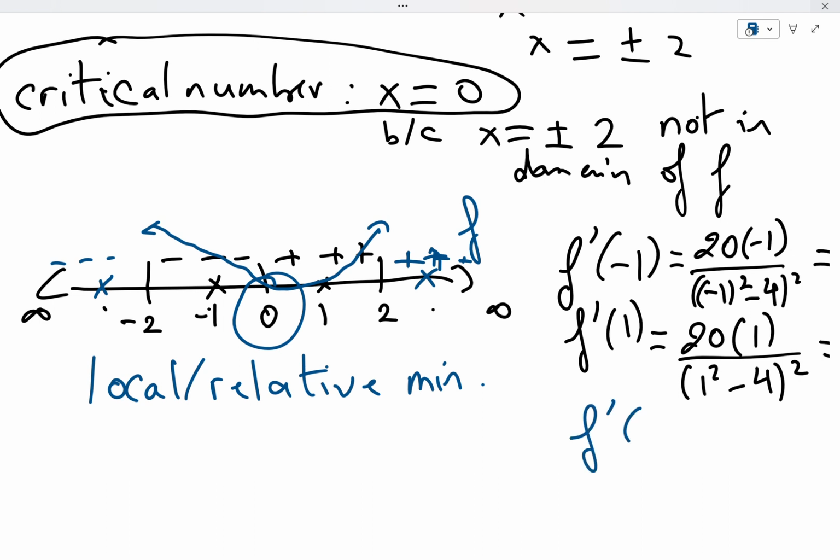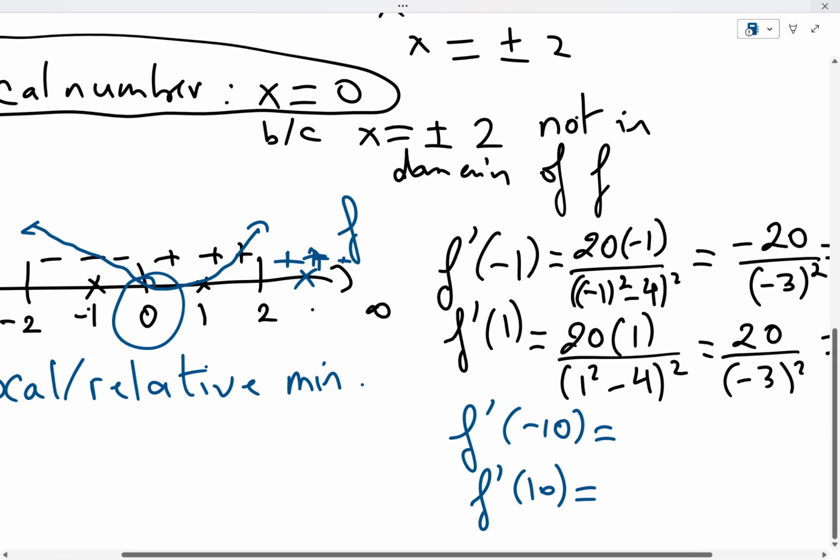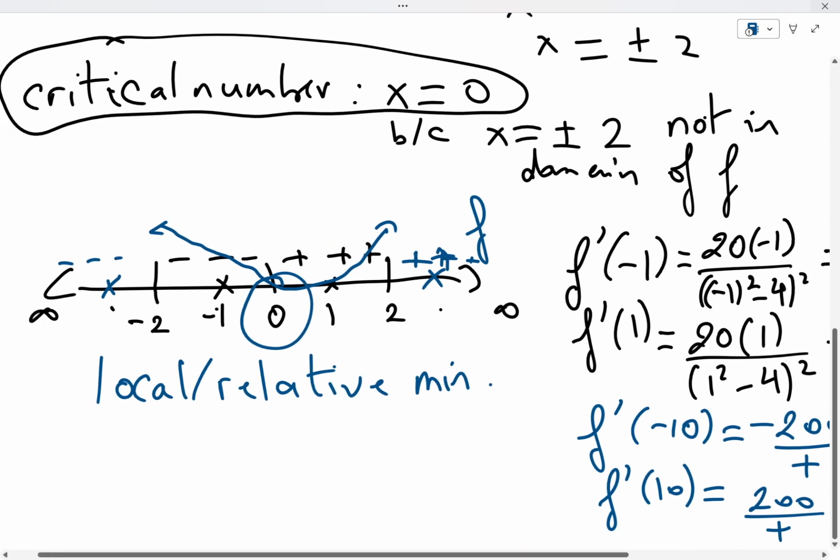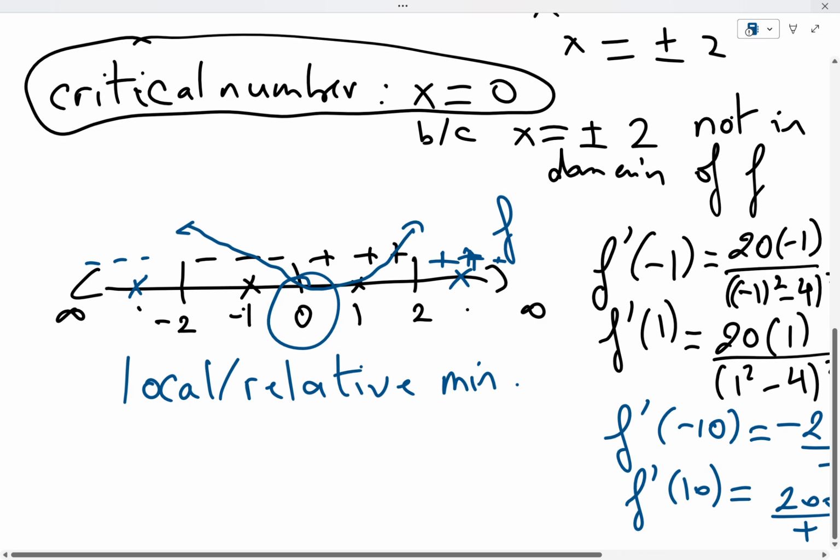I look at what's going on at -10 and at 10, and if I do that, I'm going to have -200, and the denominator is always positive because it's squared. So you can see here the function actually is decreasing from -infinity to 0, and then it's increasing from 0 and on.